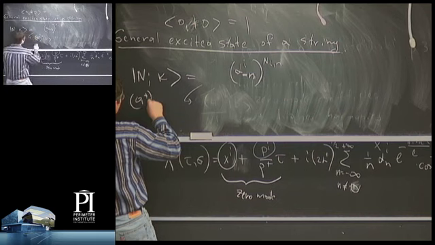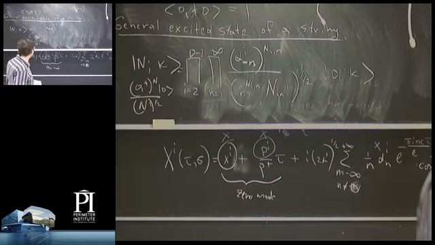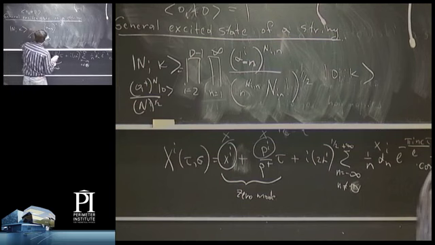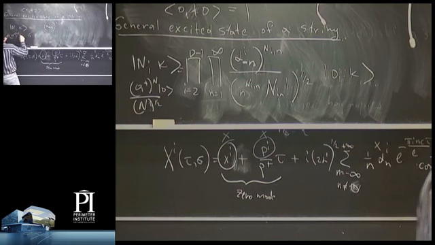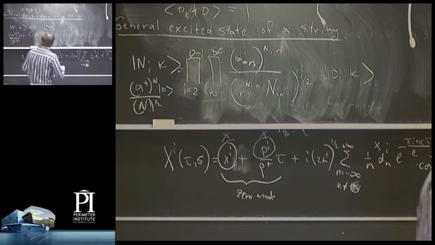Right, the thing is that we need to do the right normalization. That would be the normalization of the excited state for the harmonic oscillator. Here we have a slightly more complicated normalization, which you can figure out.